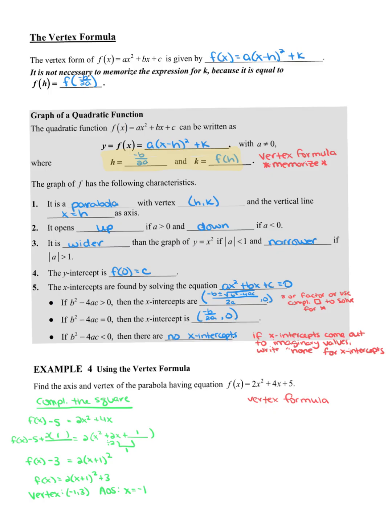All right, so now let's use the vertex formula. We would do h equals negative b over 2a. So b is 4, so negative 4 over 2 times 2 is negative 1. And then to find k, we would plug negative 1 back into x. So it would be 2 times negative 1 squared is 1, plus 4 times negative 1 plus 5.